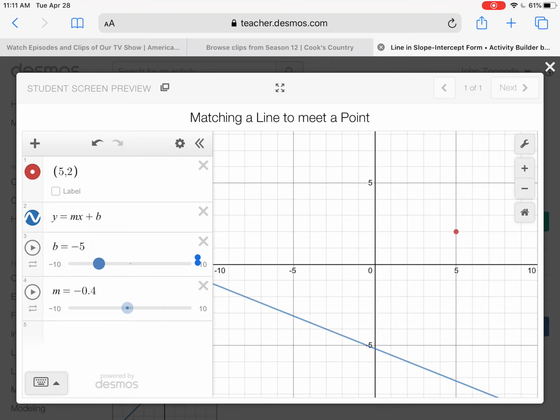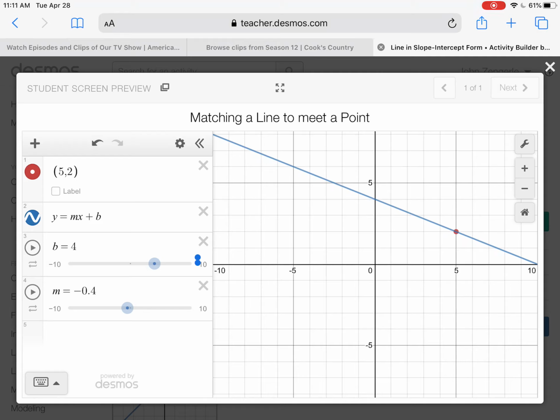As I go down, the line goes lower. As b changes, the line moves up and down. I want to move it to the point where it goes directly through that point, and there it is, b is equal to 4. And notice over here on the y-axis, it goes right through 4. So that's the b that we need for this one.